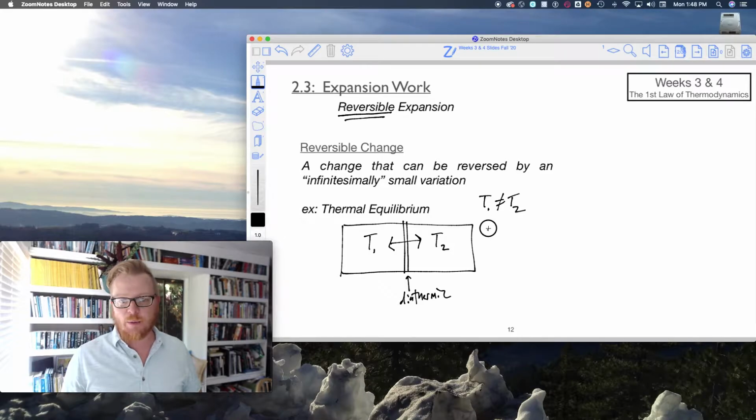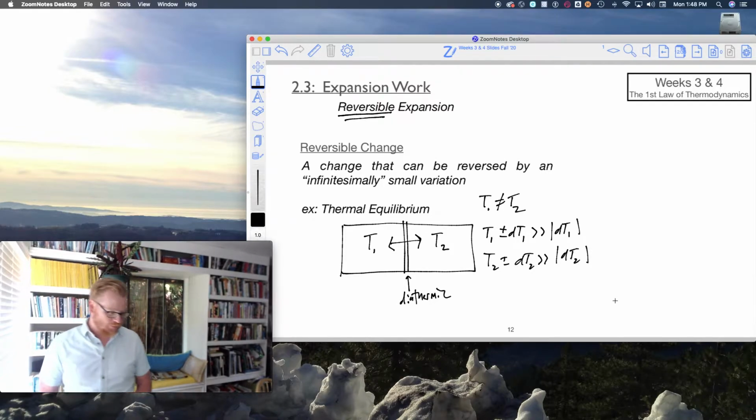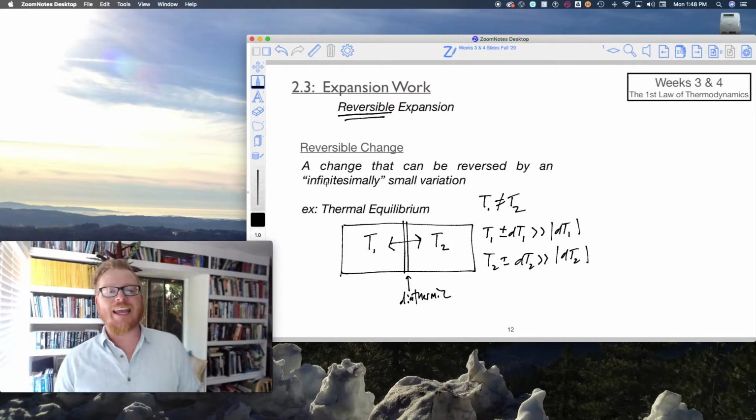Using this kind of language of calculus, and I don't want you to be too confused by this, let me finish writing this relationship: T2 plus or minus dT2, which is much greater than that absolute value. All it's saying is that this is an infinitesimally small variation, T1 plus or minus dT1.